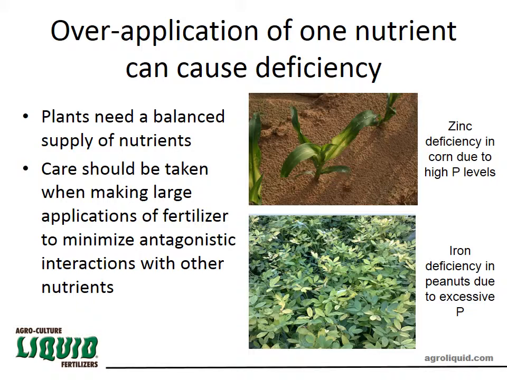So, again, a lot of times we think that we're doing the field justice by putting out a whole lot of one or two different types of nutrients, but in the end, balance is the key. Ensuring that we have everything out there that we need is going to be very important, and try to minimize those antagonistic interactions with other nutrients. So be mindful of what nutrients affect other nutrients so that we're not tying any of those up.